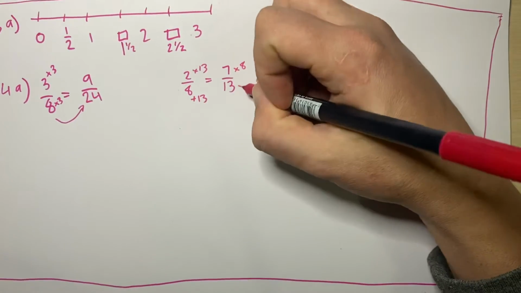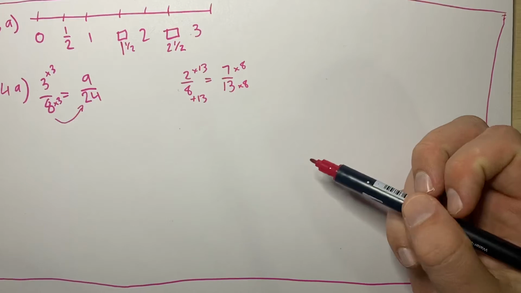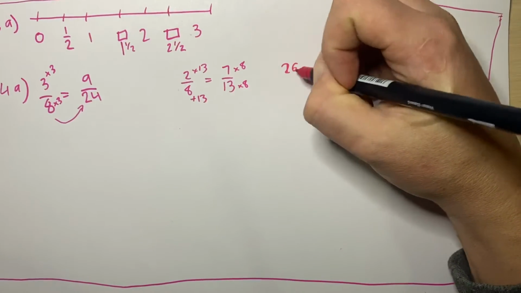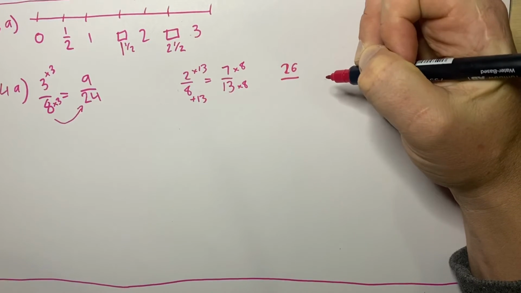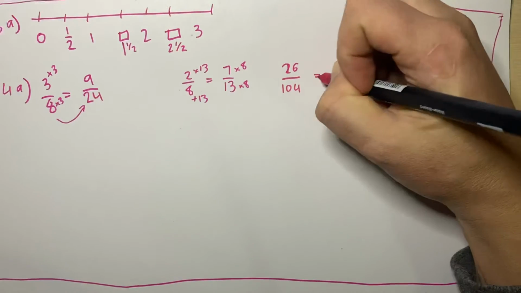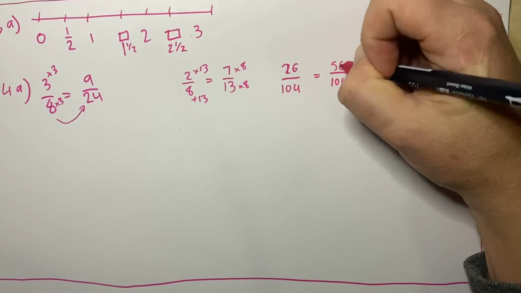Here we will times by 8. See that? How we've multiplied the denominators. So that would end up being 26 over 104 equals 56 over 104, like that.